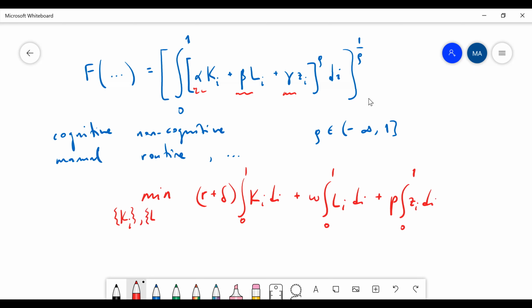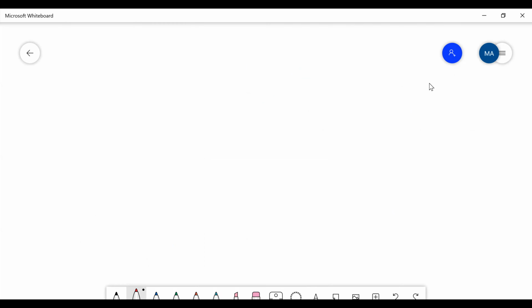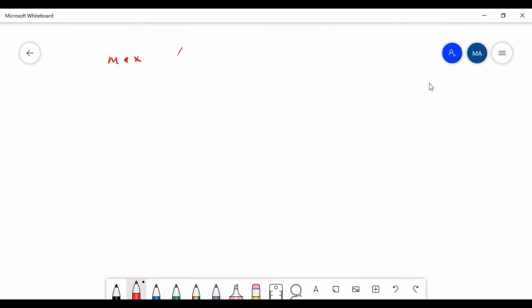If rho is equal to 1, tasks are perfect substitutes. If rho is equal to minus infinity, tasks are perfect complements. If rho is going to 0, the substitution elasticity is equal to 1 between the tasks.